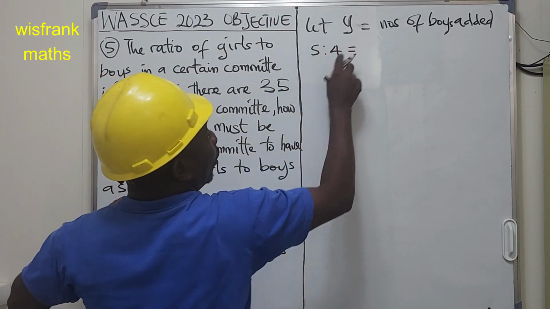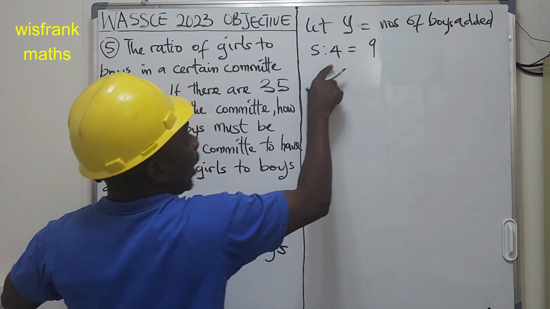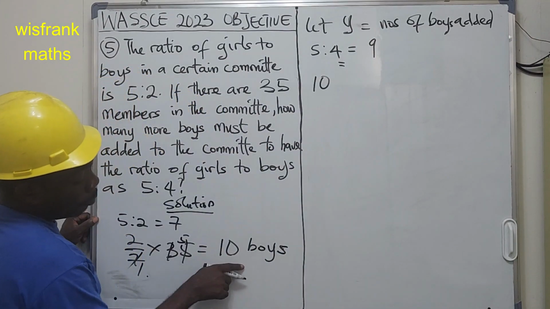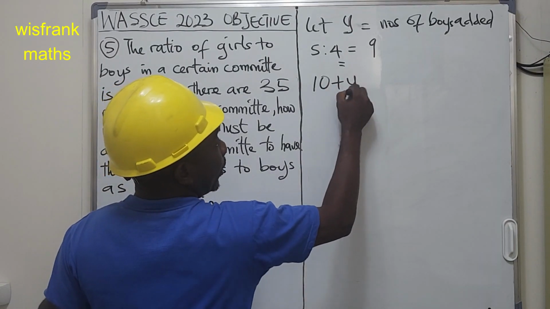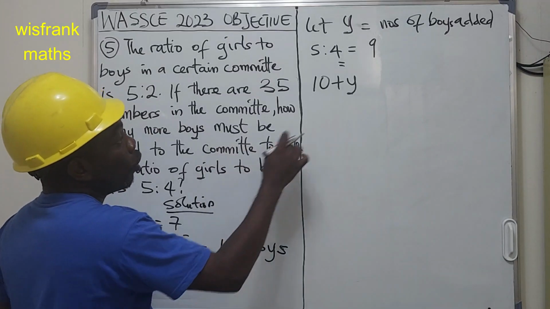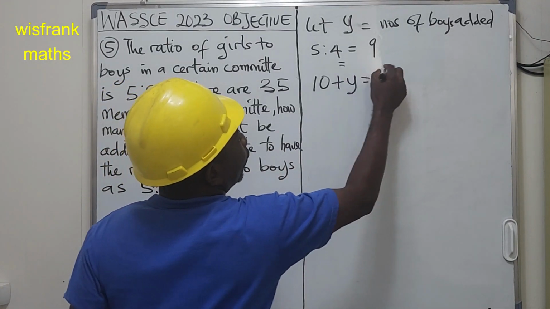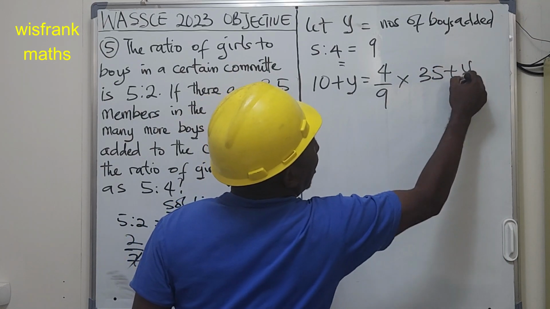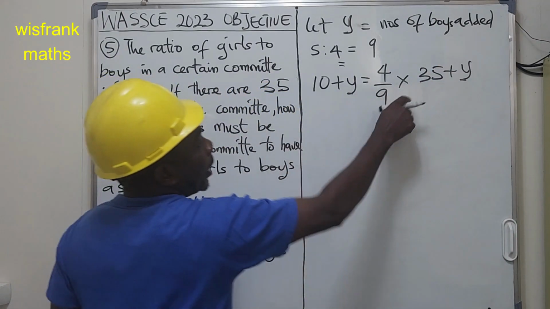The total of the ratio is 9. And for the boys is 4. So we have 10, the total number of boys, plus y, the new boys that will be added to that committee, equals 4 all over 9 times 35 plus y.